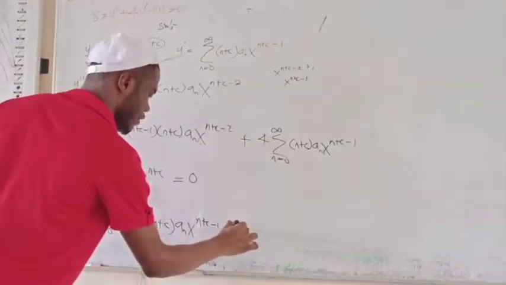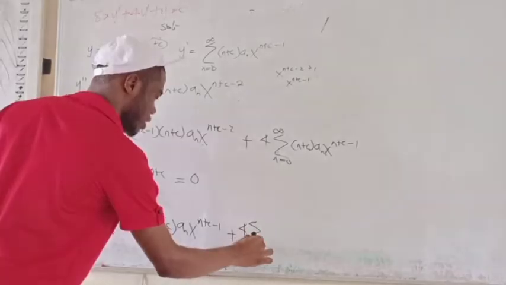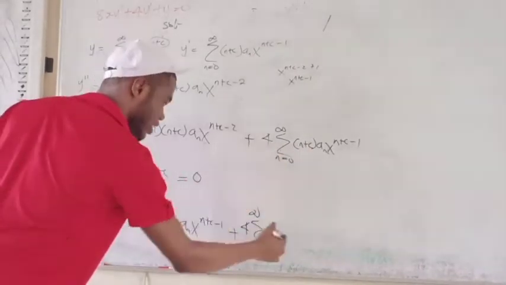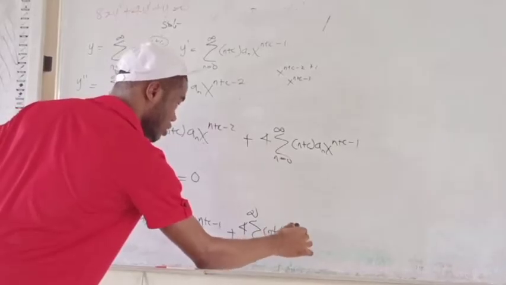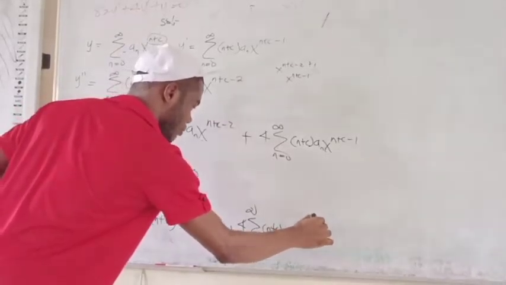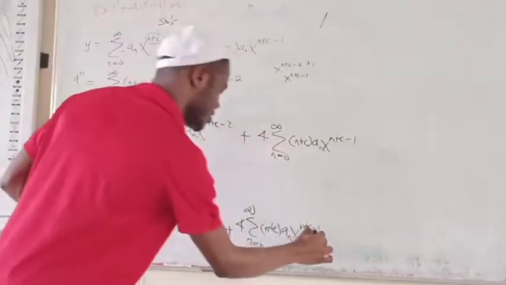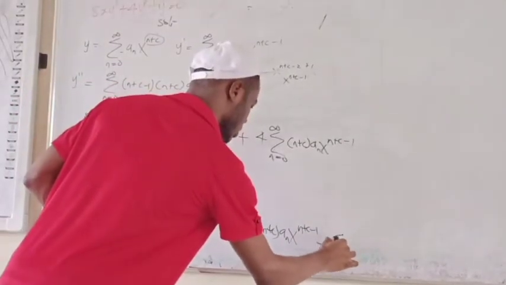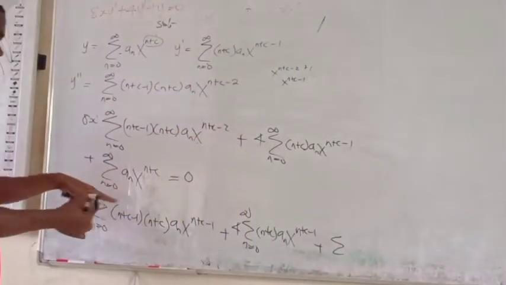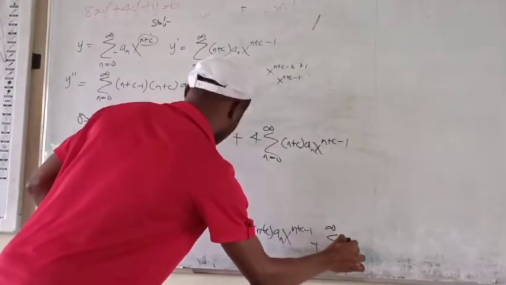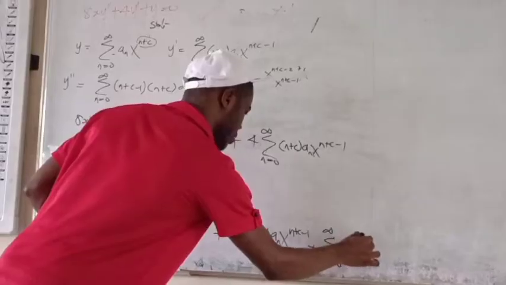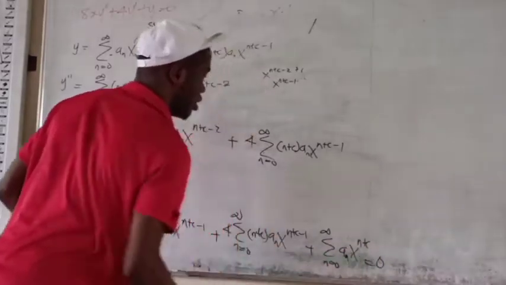So plus 4 times the summation from n equals 0 to infinity. I'm bringing everything down. So I have n plus c, a subscript n, x to the power of n plus c minus 1. And for the last, plus the summation from n equals 0 to infinity of a subscript n, x to the power n plus c. All these are equal to 0.